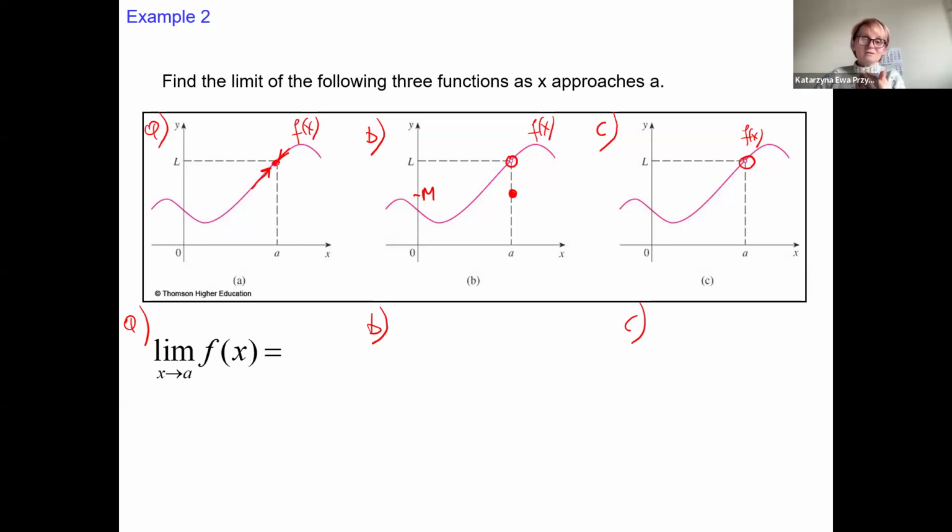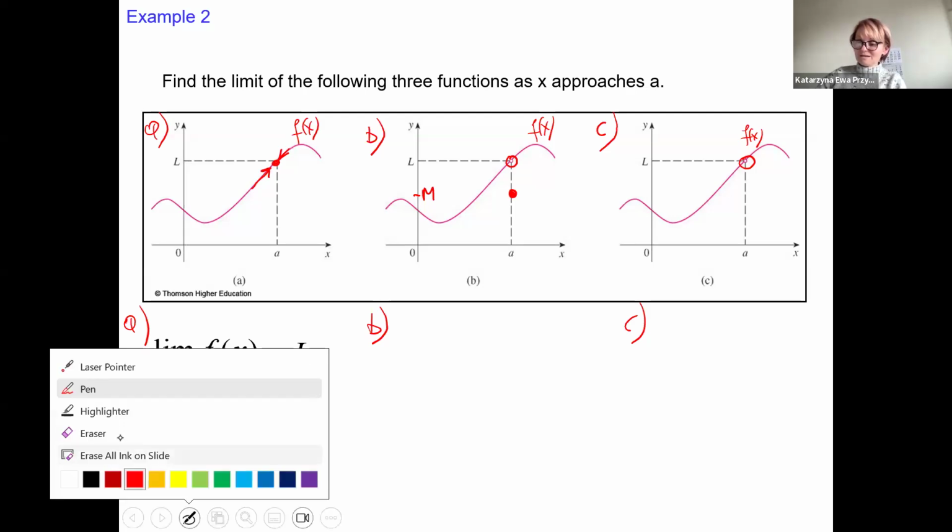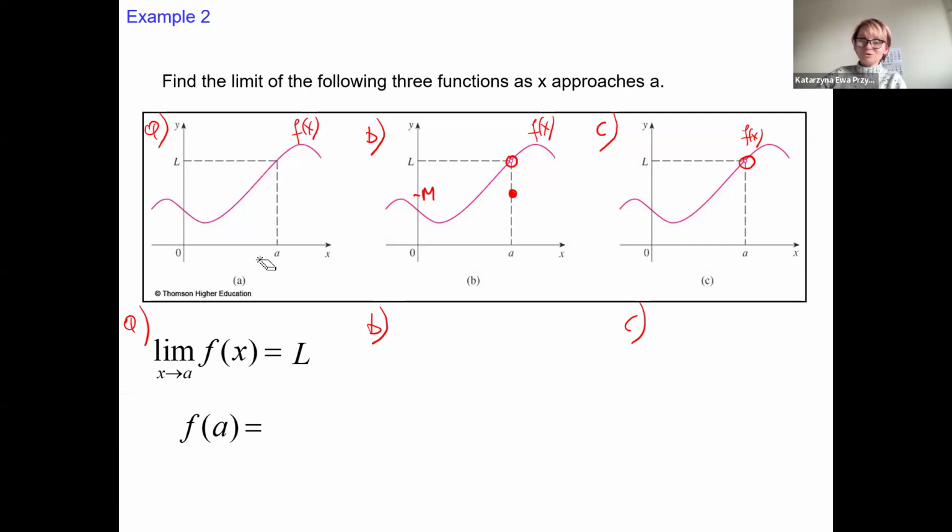It's approaching that dot at the level L. Yeah, perfect. What about the exact value? It's also L. Perfect. That means the limit and the value are almost the same, but we know the difference. The limit: the function is approaching that height. The value at A is exactly that.